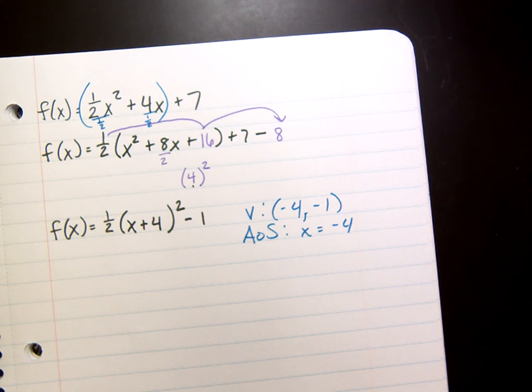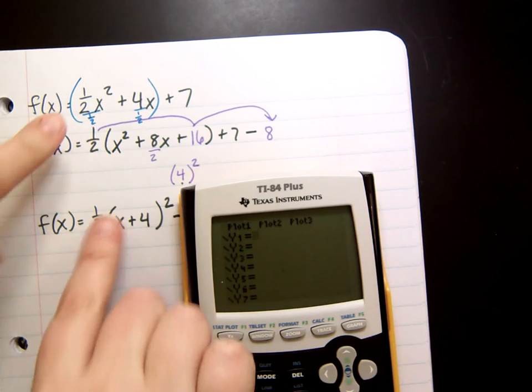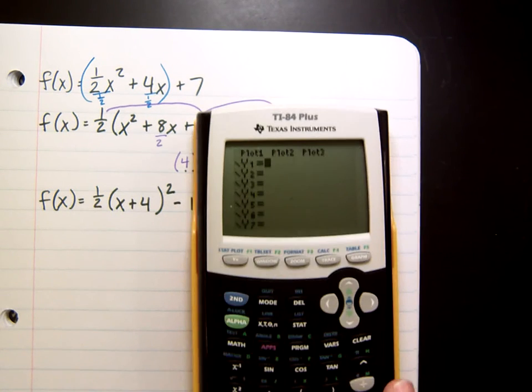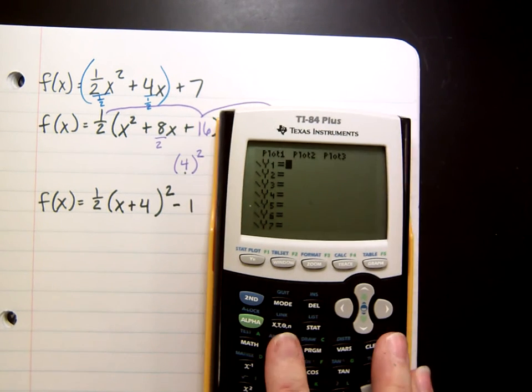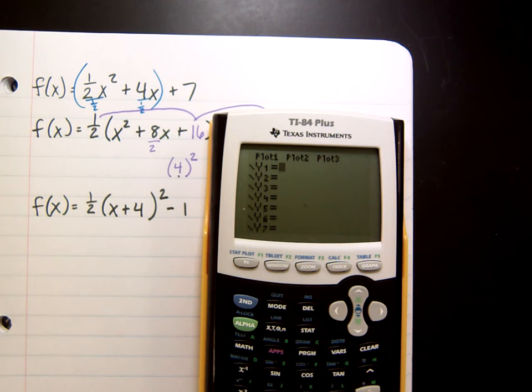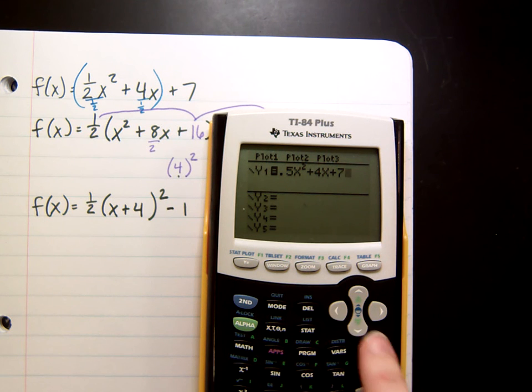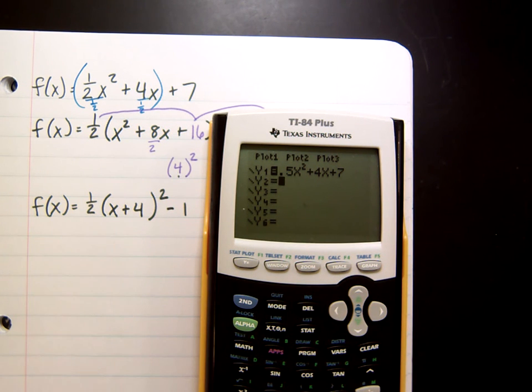Now let's say you do this, but you're not 100% sure you got the correct equation. You can use your calculator to test it out. So let's say you weren't sure if you did this last one correctly. What you can do is type your original equation, 1/2 x squared plus 4x plus 7, into y1, and then type your answer into y2.